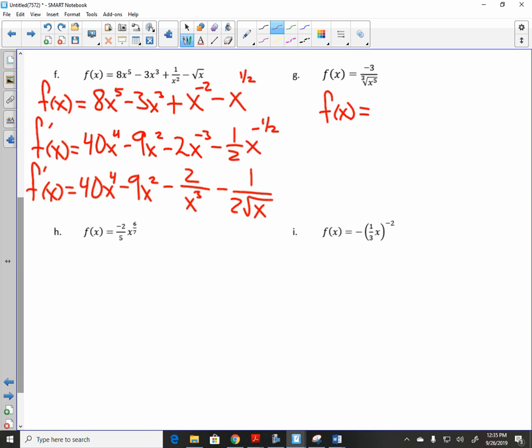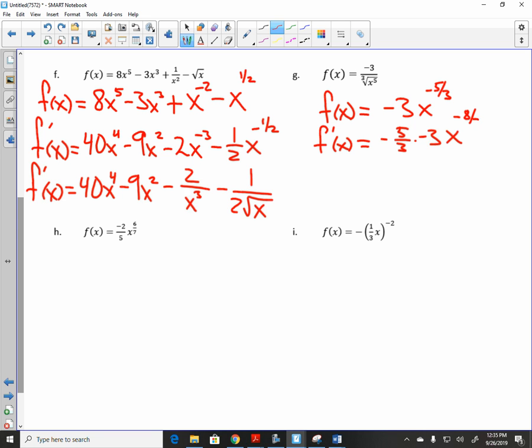I want to rewrite letter G so it has a power. How would I rewrite it so it has a power? Negative 3x to what power? 5/3? Negative 5/3. So I have negative 5/3 times negative 3 times x to the, if I subtract 1 from negative 5/3, what do we get?